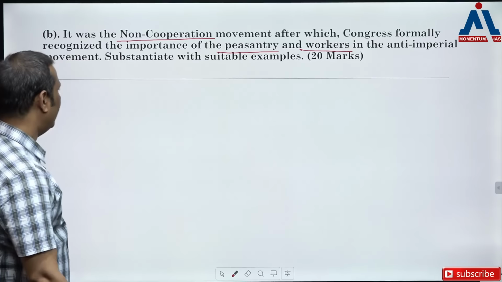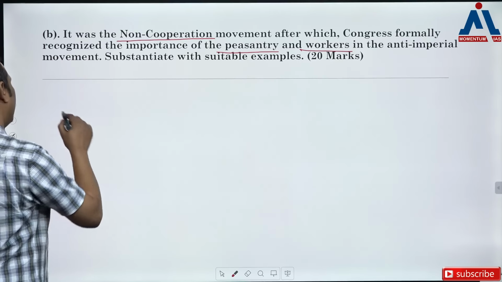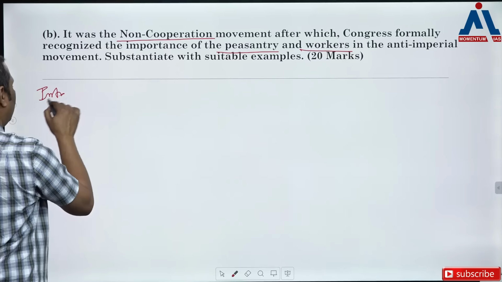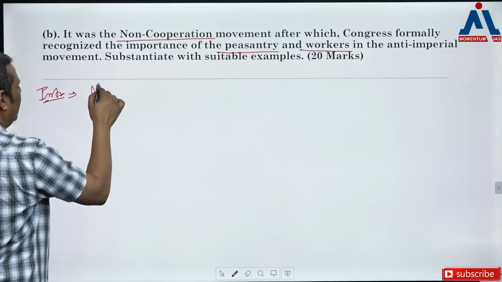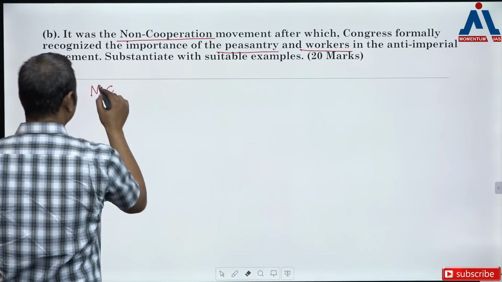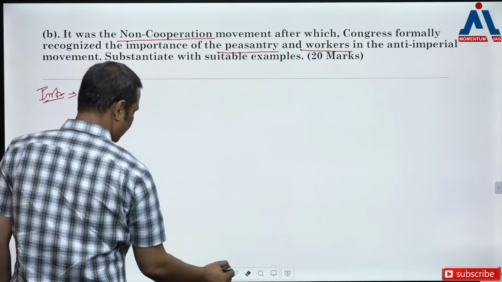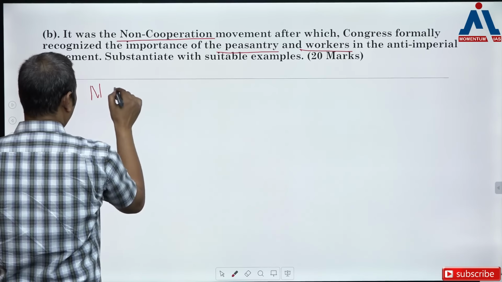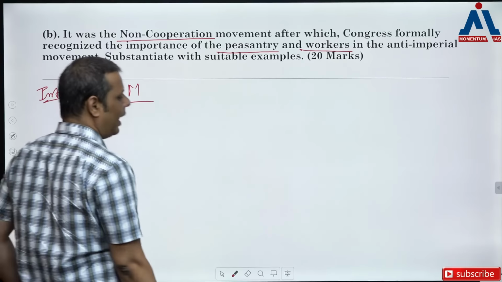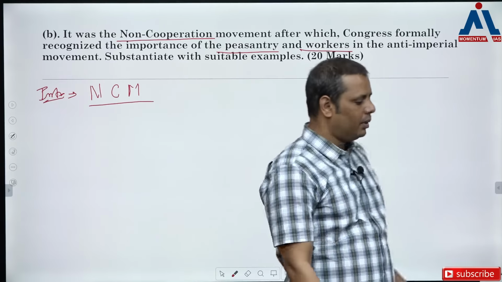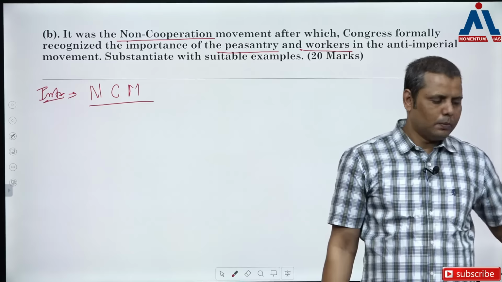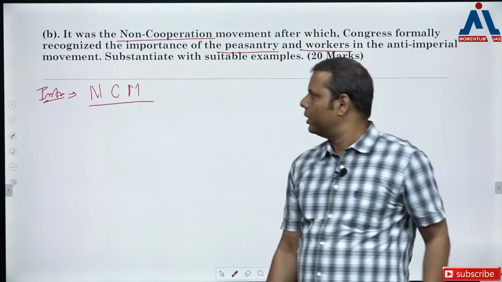Now he'll write the non-cooperation movement, or he can write in the introduction, you can start it with the NCM, non-cooperation movement, and he'll just write the active participation of the peasantry and the laborers or workers in the non-cooperation movement, right?